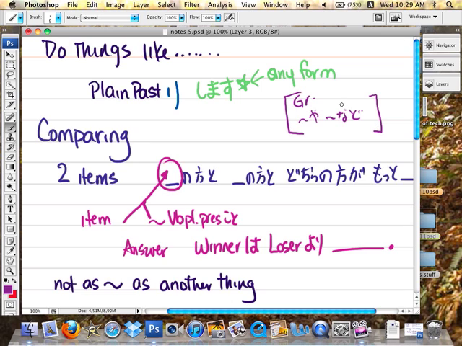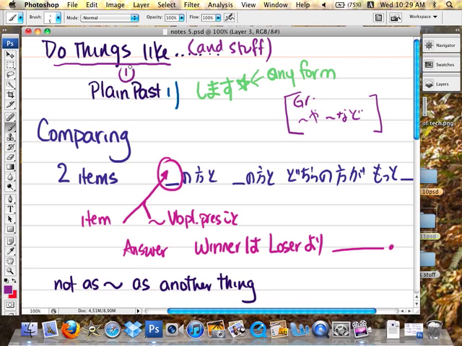Now, this tari thing allows us to give highlights of actions that you accomplish. So there are 3 steps to making this, do things like, and stuff. In other words, you're just giving highlights of what happened.